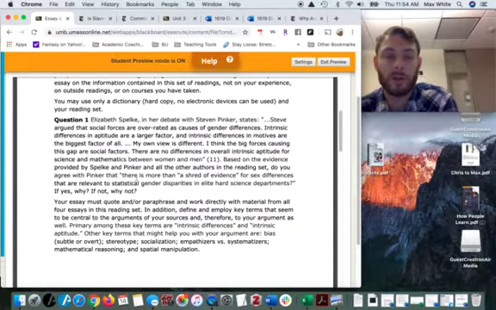Do you agree with Pinker that there is more than a shred of evidence for sex differences that are relevant to statistical gender disparities in elite hard science departments? If yes, why? If no, why not?